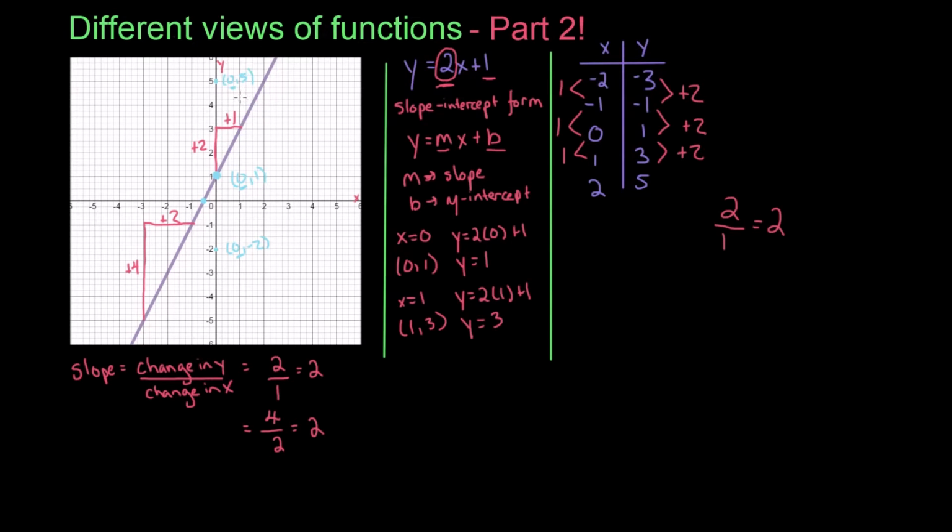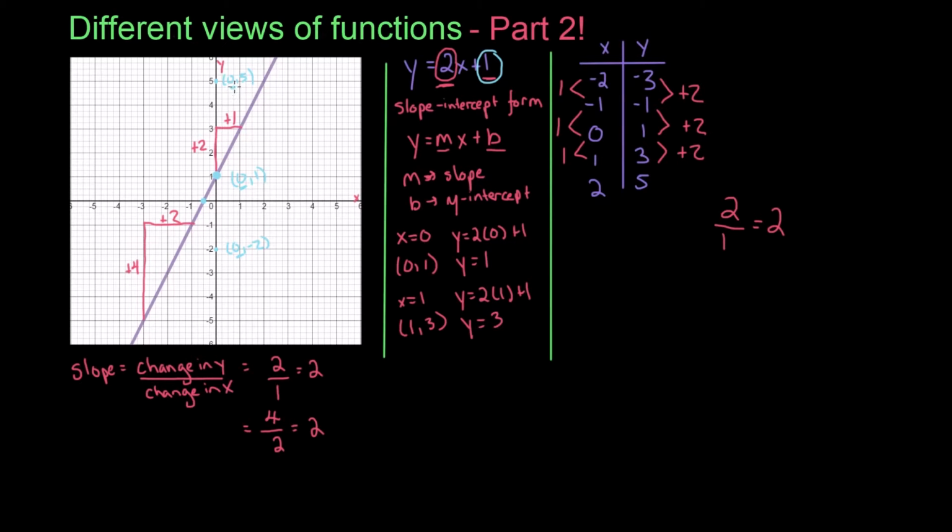And we're going to use this fact to help us find our y-intercept in our equation form. We talked earlier that if our equation is in slope-intercept form, this number right here is just our y-intercept. And that's true. But I'm going to show you a method that works no matter what form your equation is in.